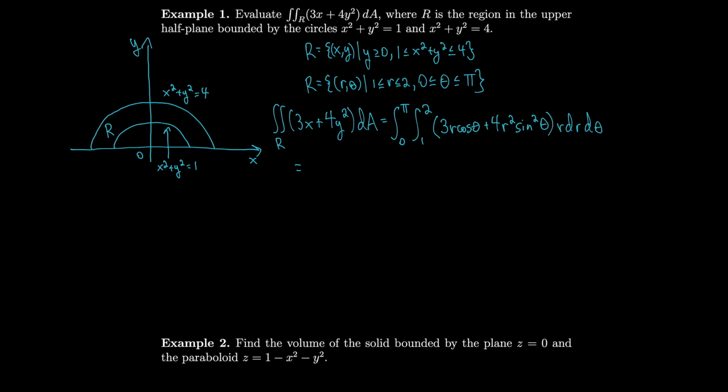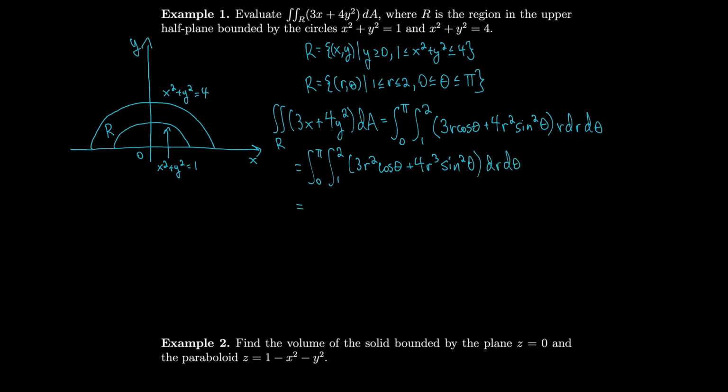Okay, so now we've got the integral from 0 to pi of the integral from 1 to 2 of 3r squared cosine theta plus 4r cubed sine squared theta. Just incorporate my extra r in there, dr d theta.